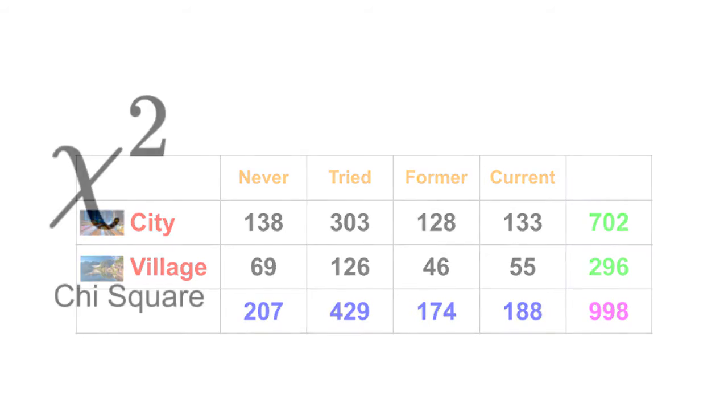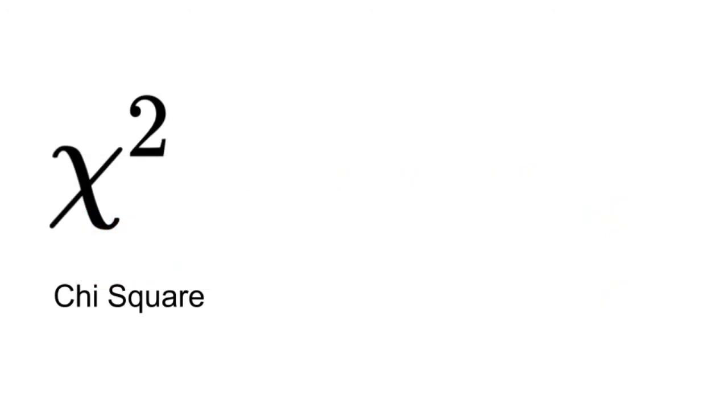And the test we are going to use in this case is called the chi-square test. And just as with any other statistical test, the first thing we need to do is to define our null hypothesis and our alternative hypothesis. In the case of the chi-square test, the null hypothesis is always that there is no difference between the groups.